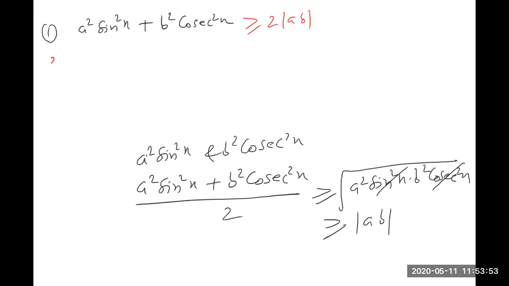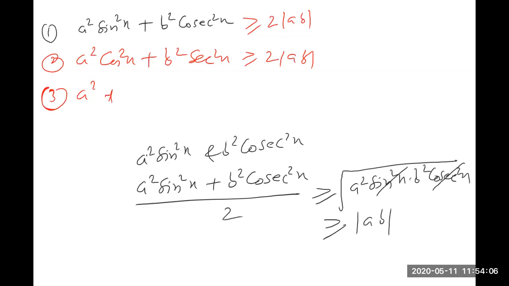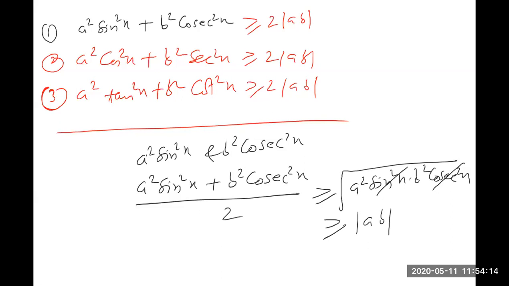Similarly, second, a square cos square x plus b square sec square x will be greater than or equal to 2ab. And third is a square tan square x plus b square cot square x will be greater than or equal to 2ab. These three properties are the general form. A and b can be any number now.